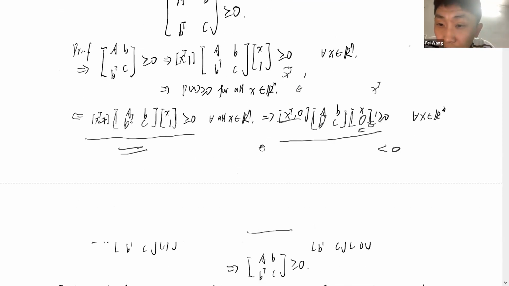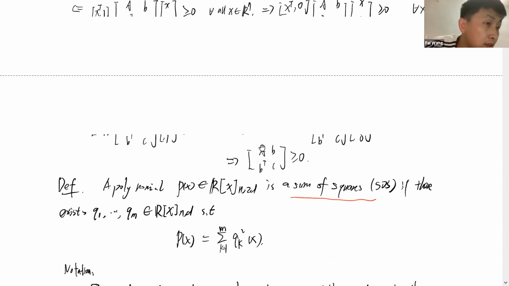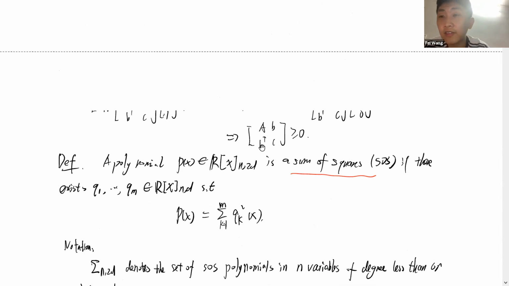However, this is very nice, so it's not the case for other polynomials. For other polynomials, we may not have this nice property that non-negativity is equivalent to positive semi-definiteness. Therefore, we will introduce sums of squares.